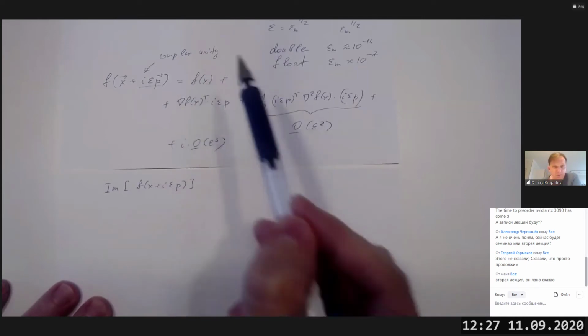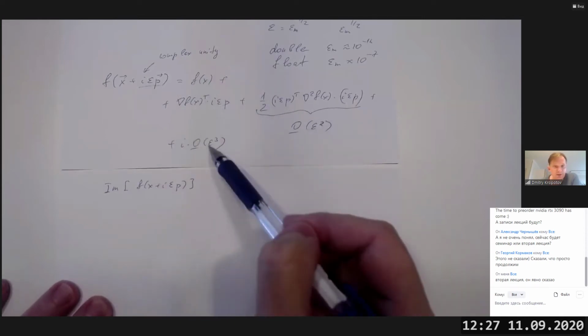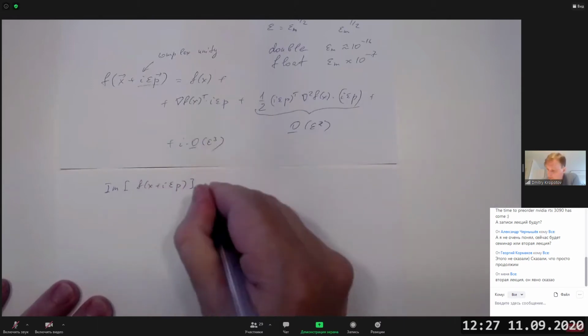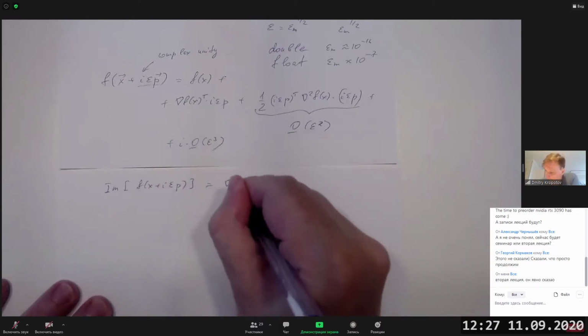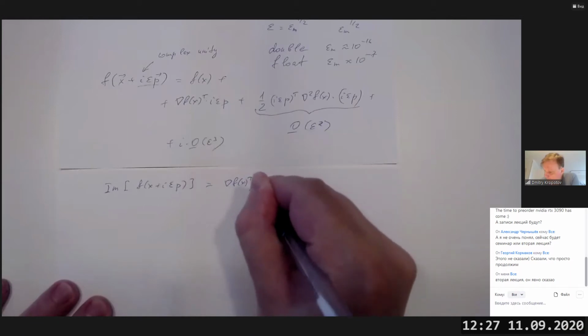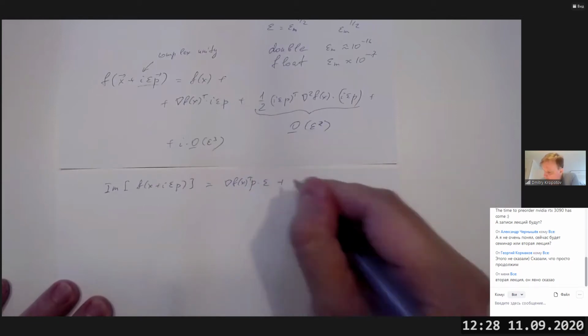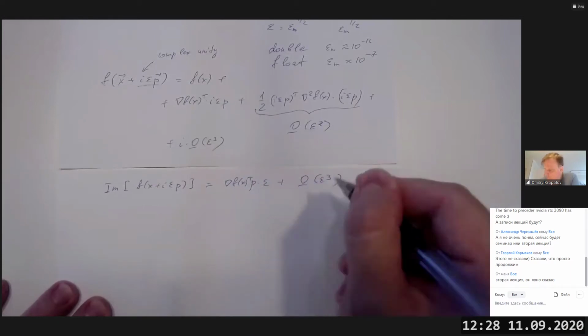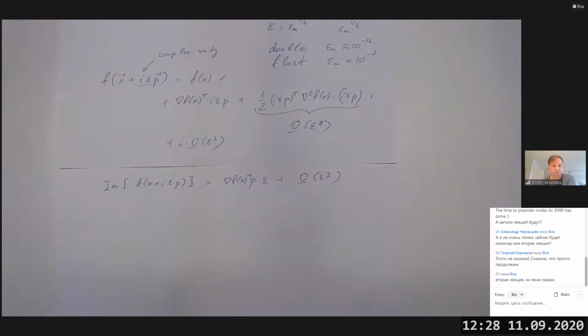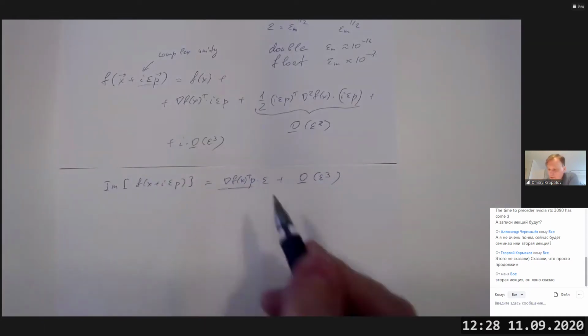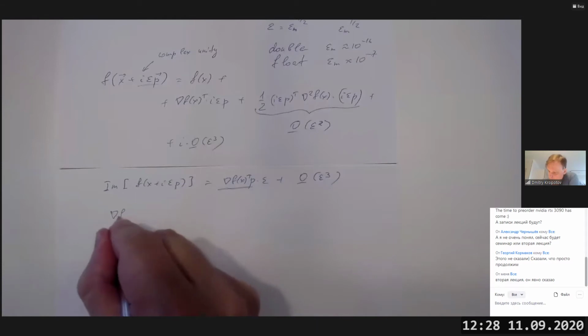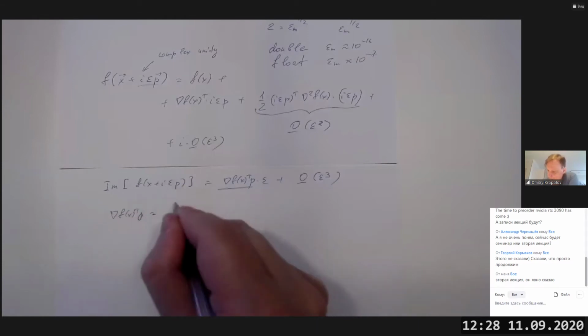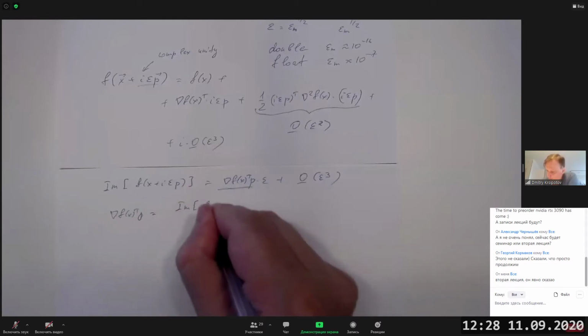This is the real thing, this is the real thing, and these two are imaginary. So we may write down that this is just the gradient times p times epsilon plus an epsilon cubed term. And then in order to extract this thing, we take the imaginary part here.